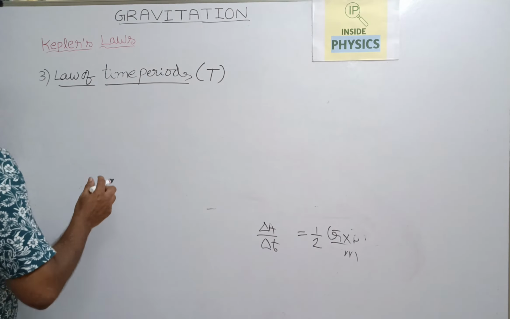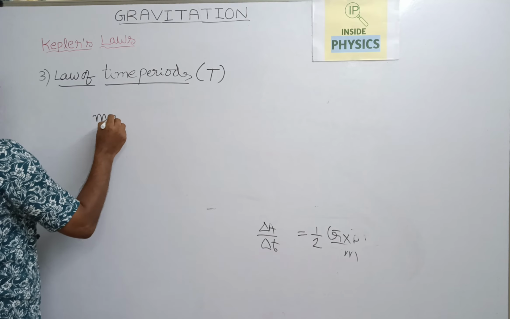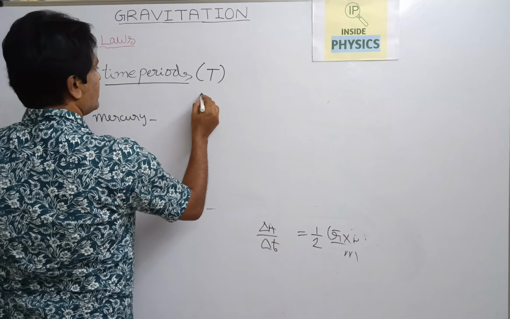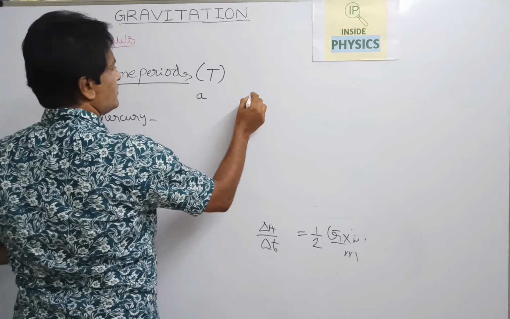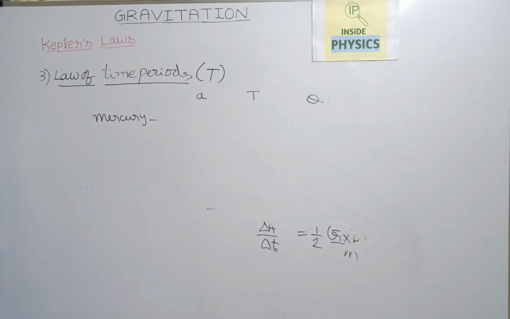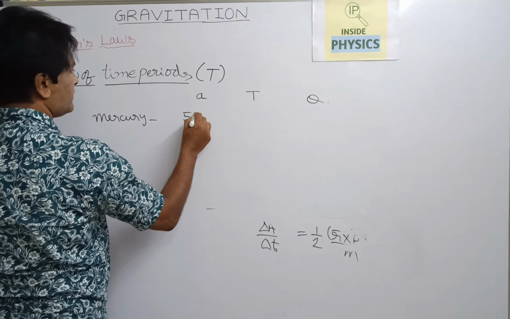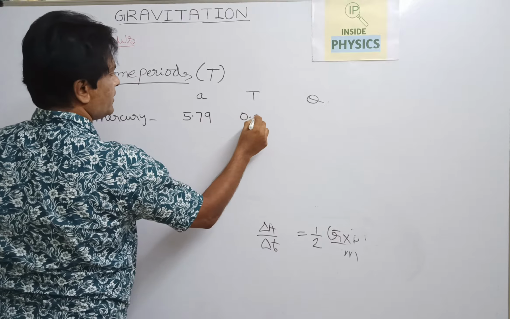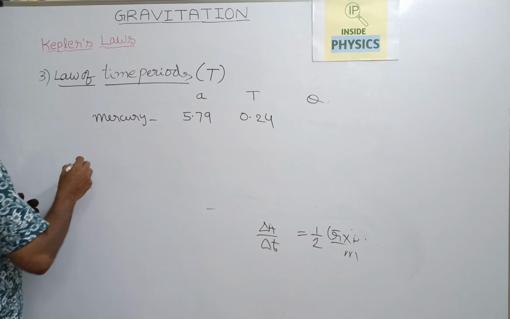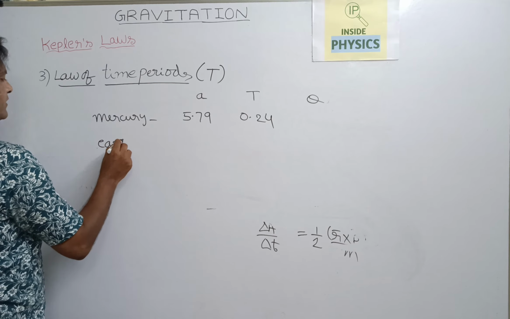If we take the nearest planet, Mercury, we will see some values of the semi-major axis, time period and the quotient. For Mercury it is 5.79 and 0.24. Okay, and what is the next nearest planet? We will take the Earth.